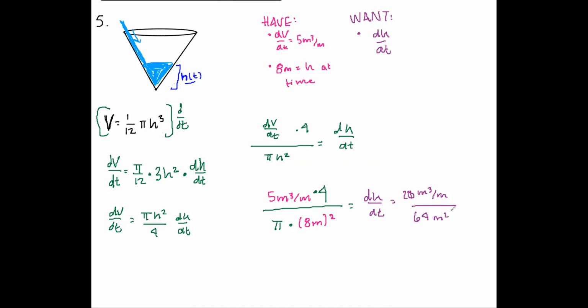So we can cancel the, yeah, and so we'll be left with 5 over, the way I do it is I would say this is 10 over 32 pi, then 5 over 16 pi.